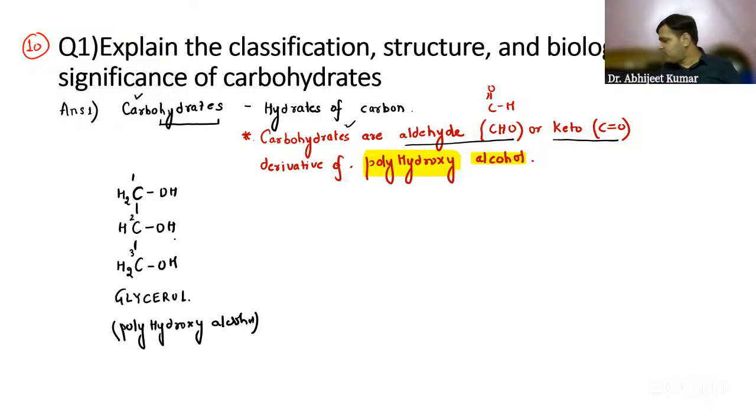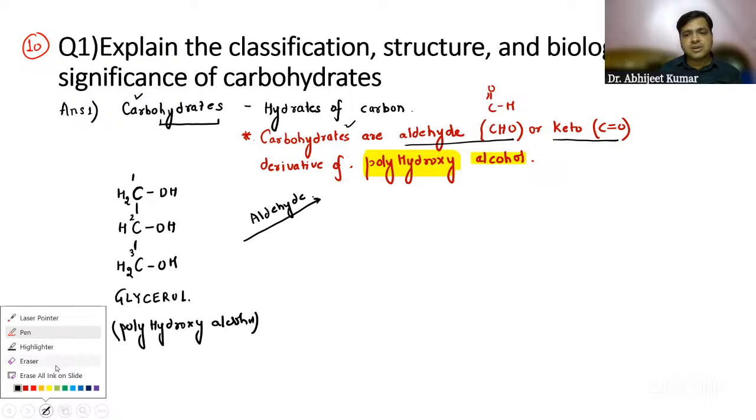Now, I have told you in the definition that carbohydrates are aldehyde or keto derivatives of polyhydroxy alcohol. Now, from this polyhydroxy alcohol, I have to make aldehyde or keto, right? Firstly, I will be trying to make the aldehyde part over here. That is the basic structure you should know. Now, how will I make aldehyde from the first carbon? You already know I will be removing an H2.